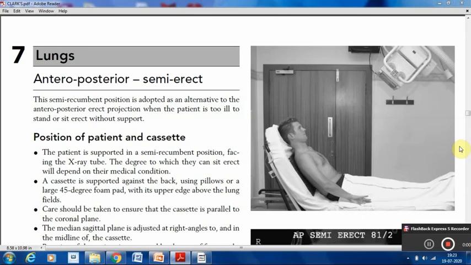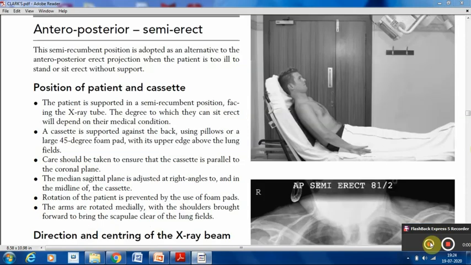Today I'm going to talk about anterior posterior semi-erect positioning. This is mainly taken when the patient can't stand in an erect position. During that time we mainly want to see indications of any pleural effusion or pneumothorax.